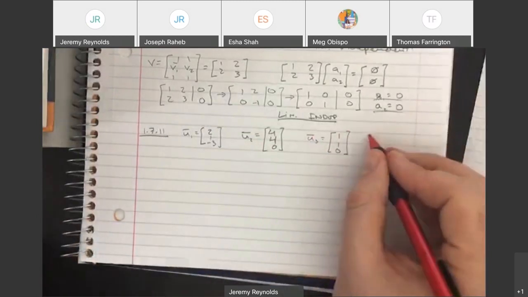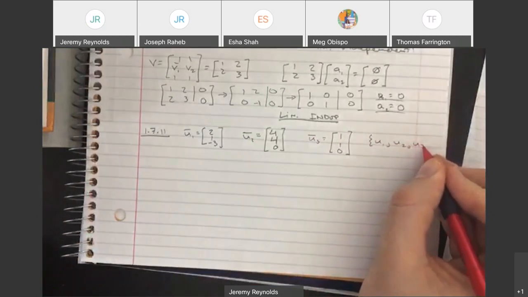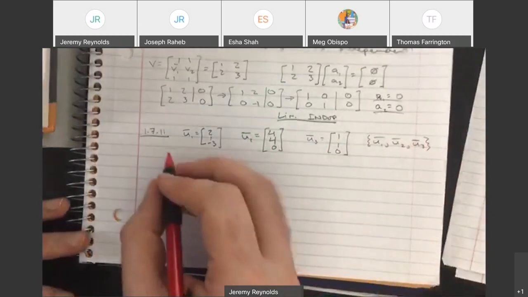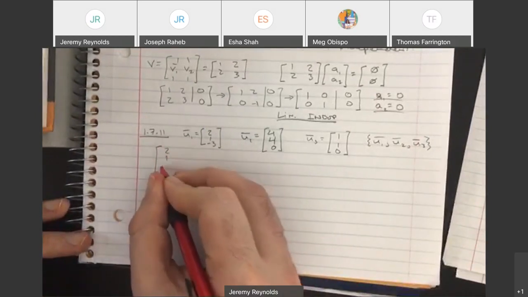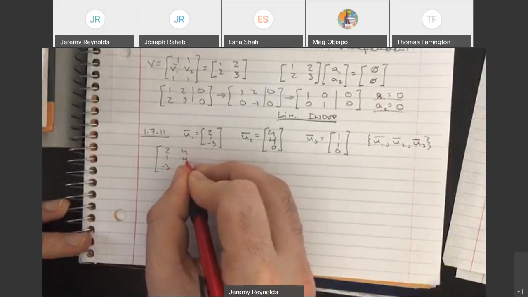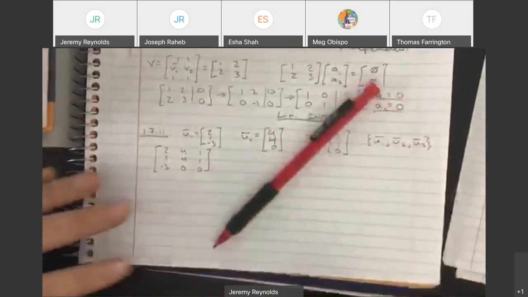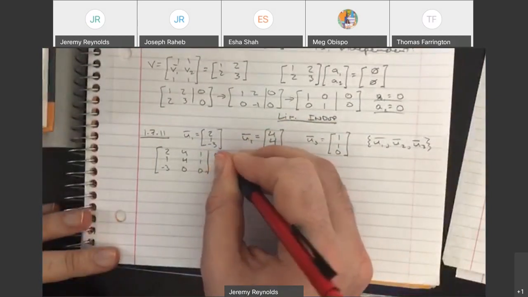So is the set u1, u2, u3 linearly independent? Okay, so let's check it. 2, 1, -3, 4, 4, 0. Let's make an augmented matrix. So we're setting this equal to 0.